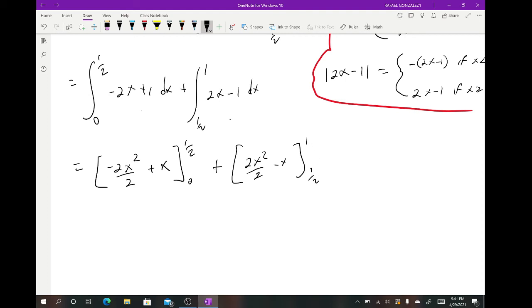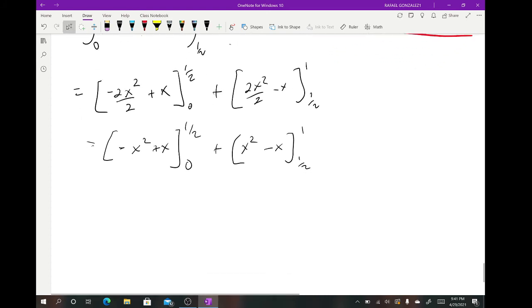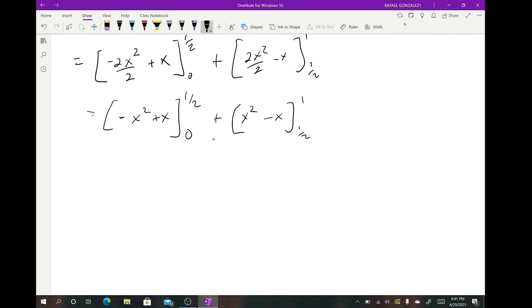Again, reverse power rule. There's some cancellation, as you can see. Let's cancel those 2's out. So we're going to get negative x squared plus x from 0 to 1/2, and x squared minus x from 1/2 to 1. And now we can apply the fundamental theorem on both of them.